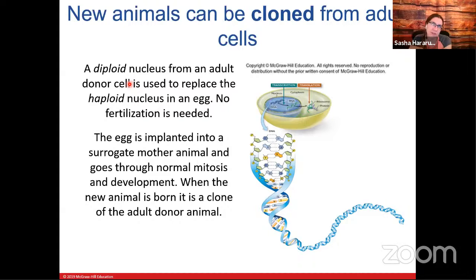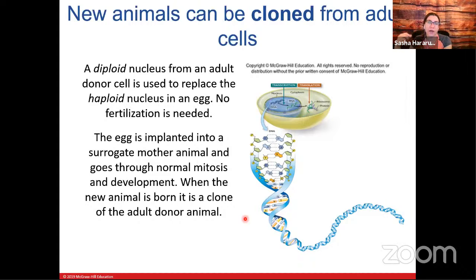I'm sorry, first the zygote is formed, and then the zygote starts dividing and developing into a new organism. Before that is done, though, this egg has to be implanted into a surrogate mother animal and goes through normal mitosis and development. And when the new animal is born, it is a clone of the adult donor animal.